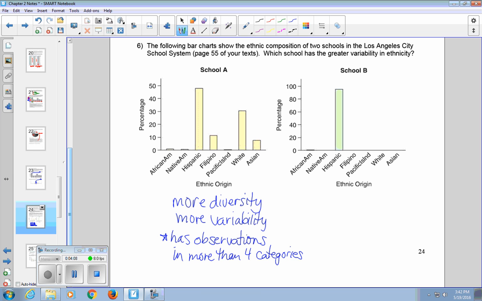Okay, over on the right, we have a bar chart that shows less diversity because it has less variability. Okay, it has a mode, and most of the students in the school system fall into that one category. So again, it has less diversity. Really only has observations in 2 categories.